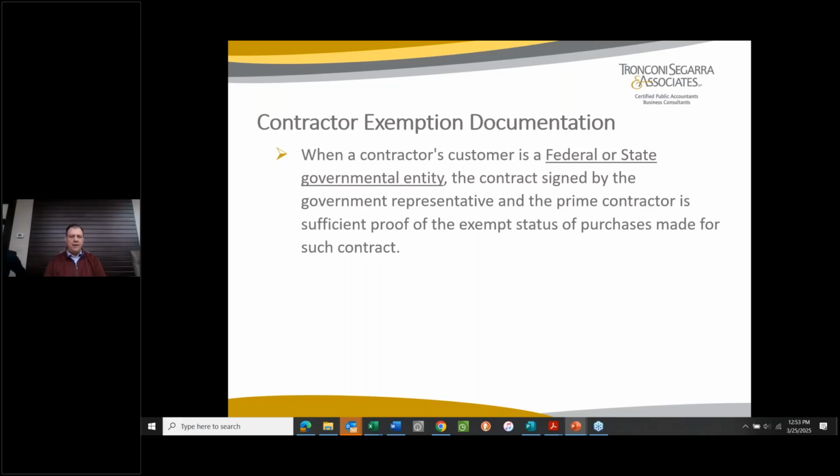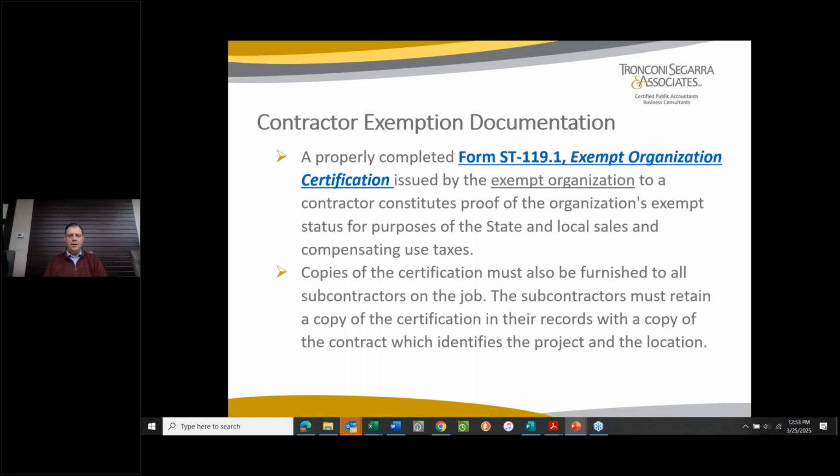And then when it comes to other exempt organizations such as 501c3s, you can just collect their ST 119.1 exempt organization certificate. That would be proof that you're dealing with an exempt organization for purposes of sales and use tax.